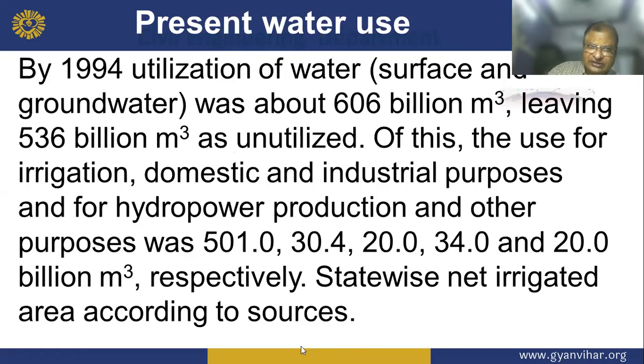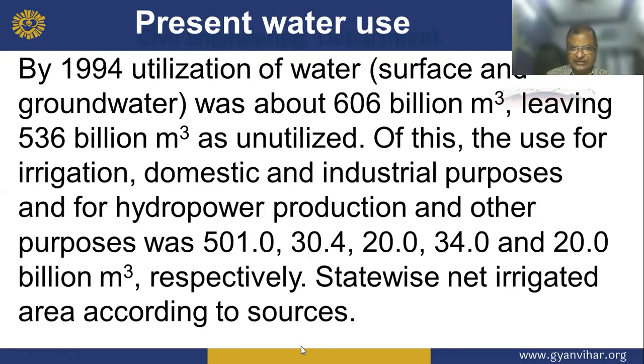Now present water use. By 1994, utilization of surface and groundwater was about 606 billion cubic meter, of which 536 billion cubic meter was utilized.